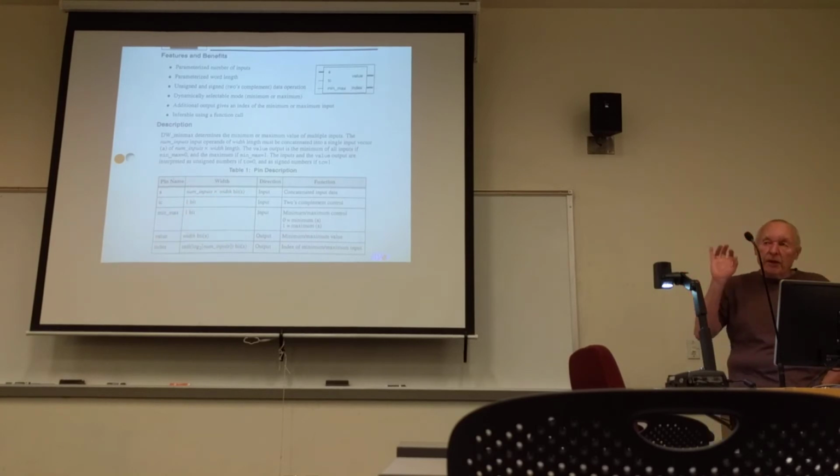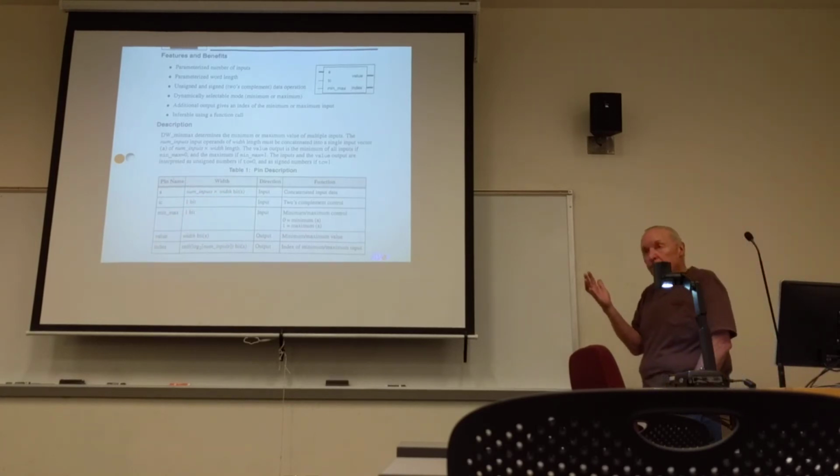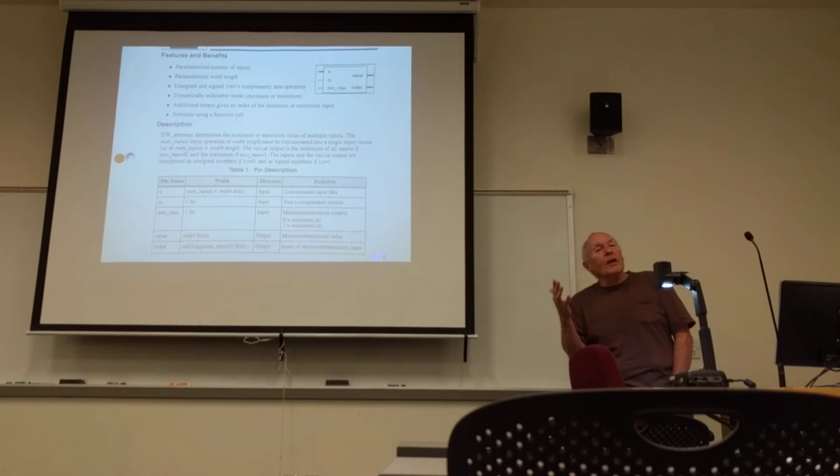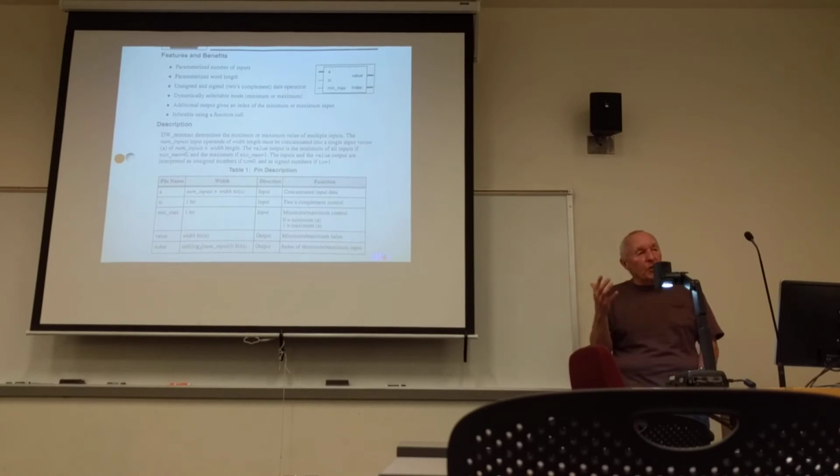What I'm going to do is input a vector. And what this device is supposed to do is tell me the maximum value in the vector and tell me its index number. Or you could do minimum. Tell me the minimum value in the vector and tell me its index.